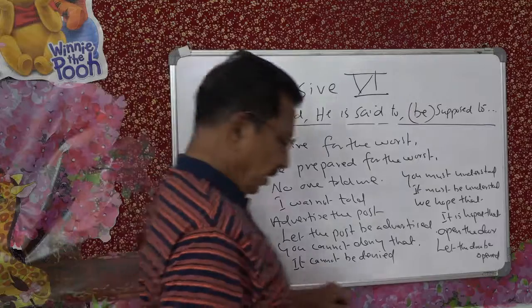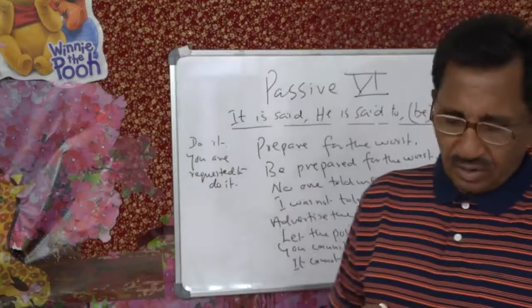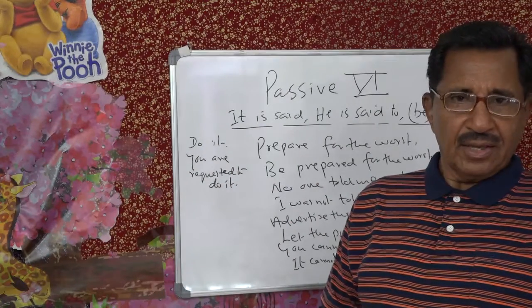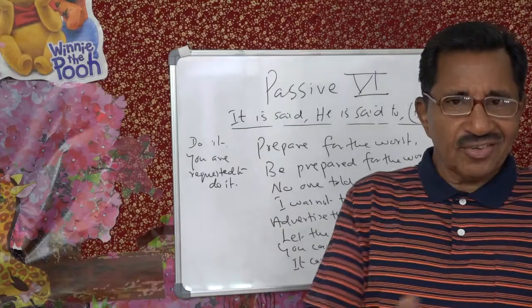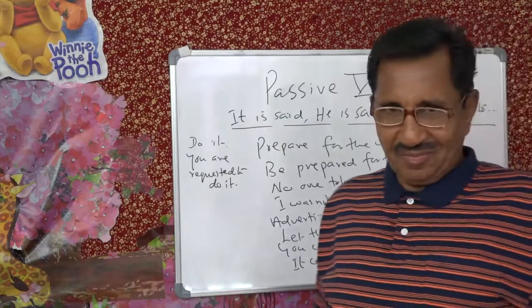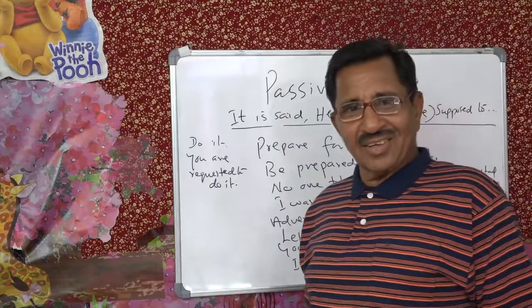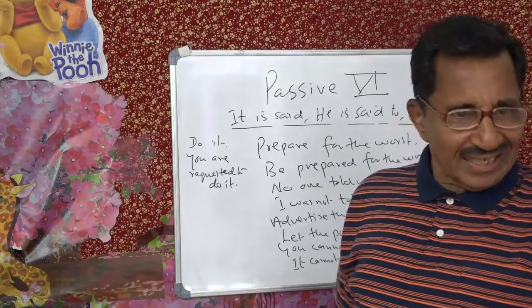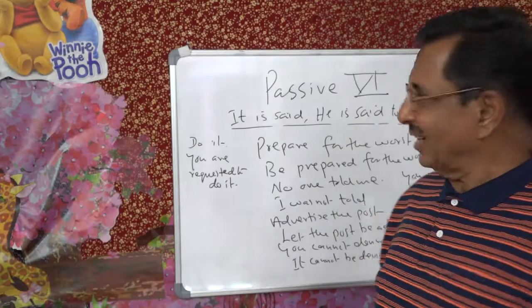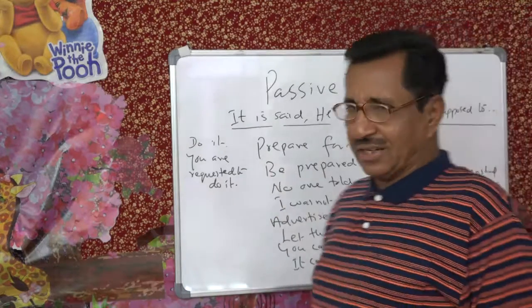That's the passive. Get out. You are requested to go out. That is passive. You cannot say, you are requested to get out. You are requested to go out. So these are special cases.